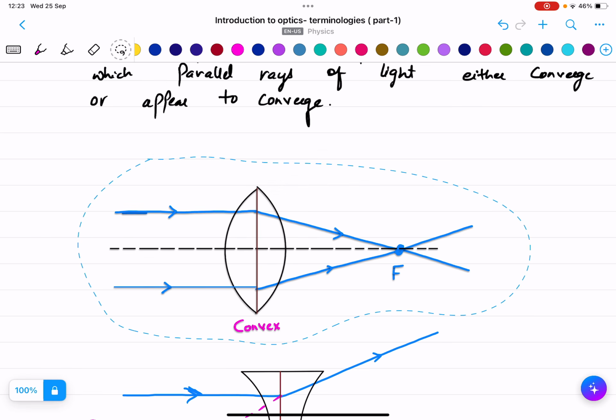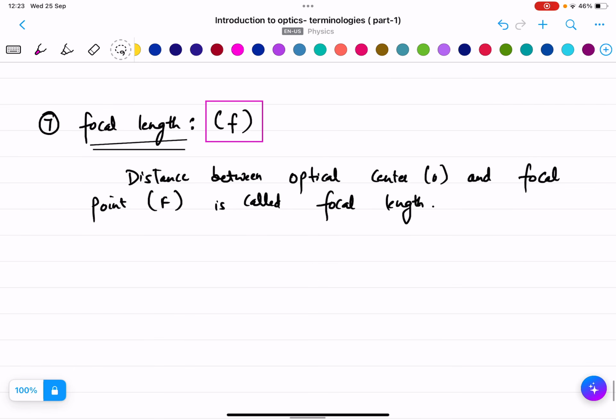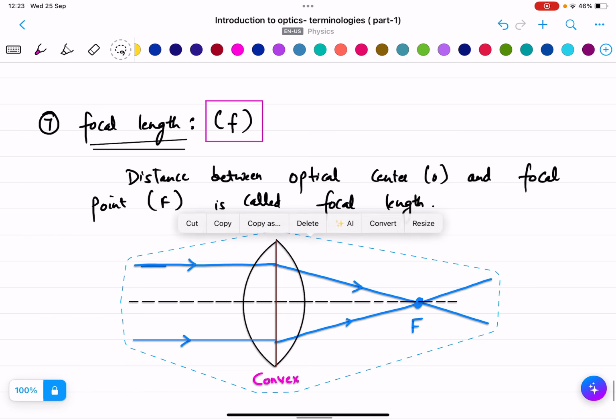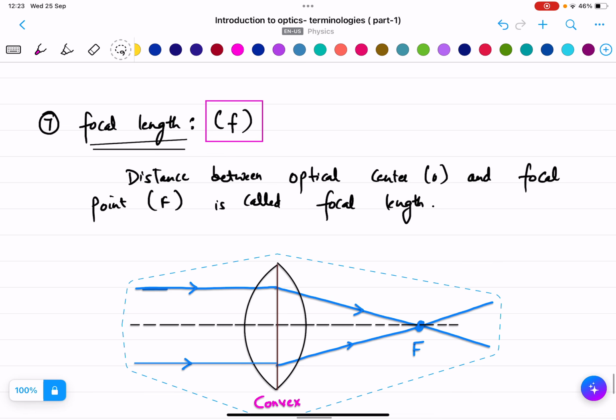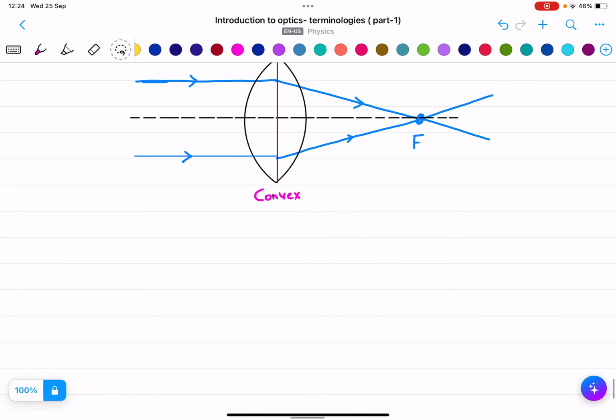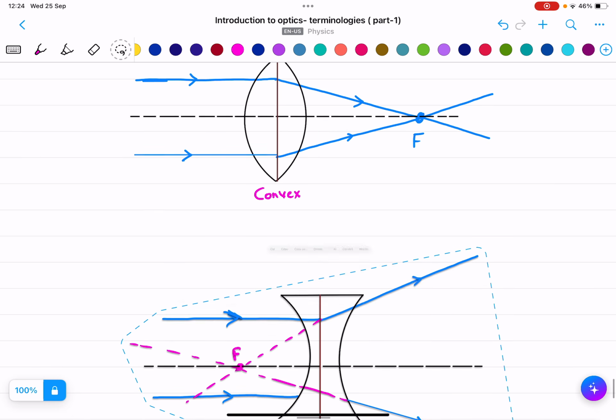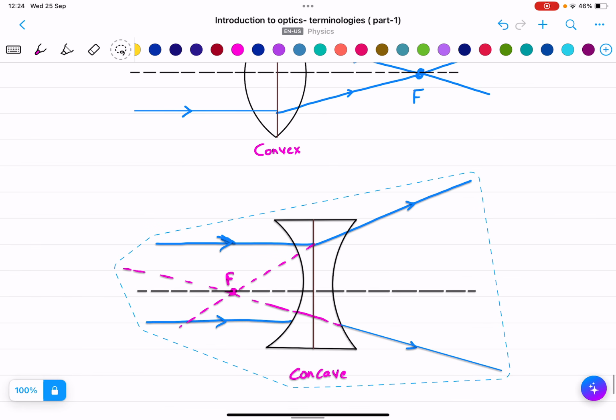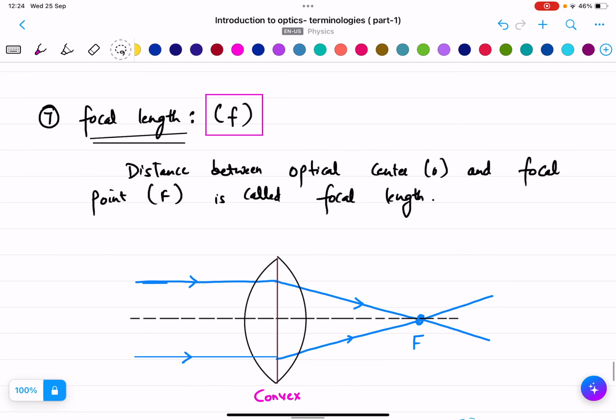Let us copy this first, paste it here, and let me copy this picture and paste it here.